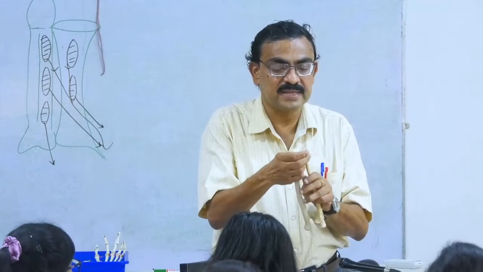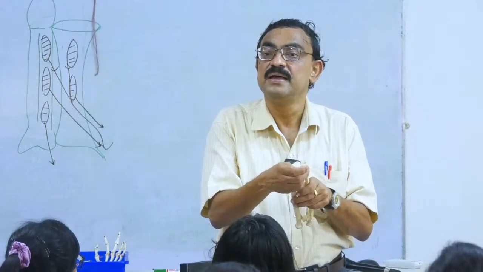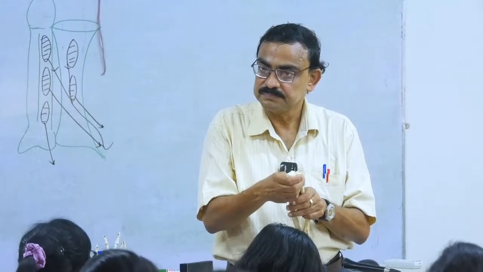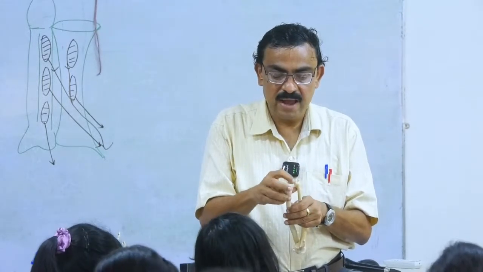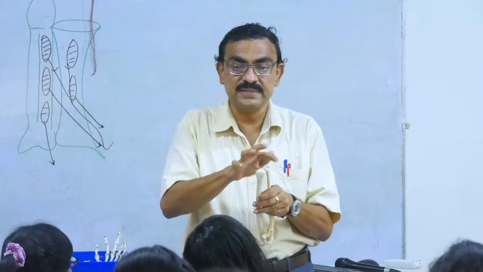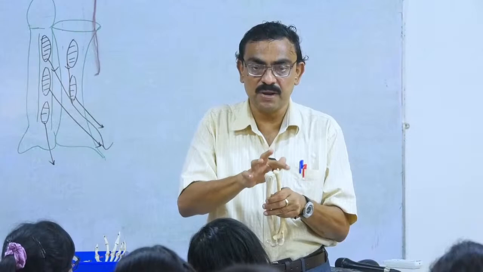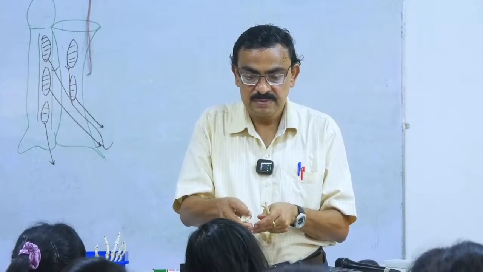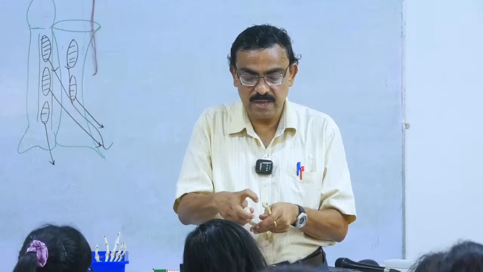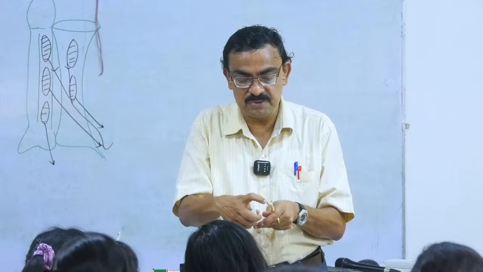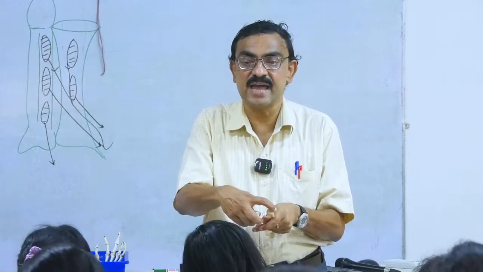So we get the inferior radio-ulnar joint, and there is one articular disc or articular cartilage coming from this area up to the depression in between the head and the styloid process.